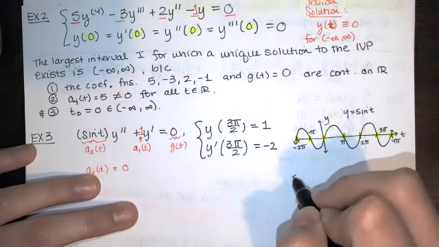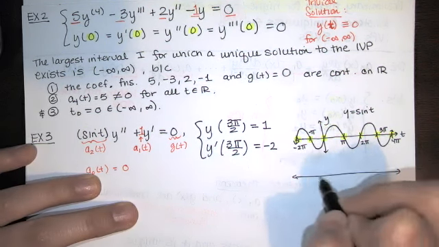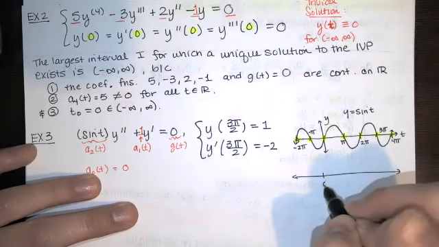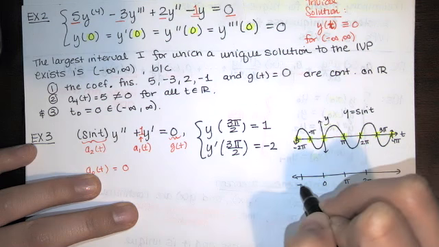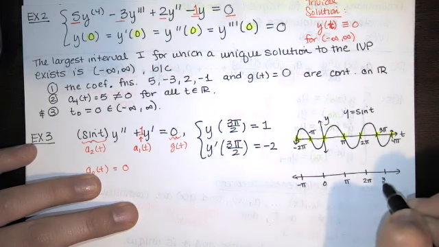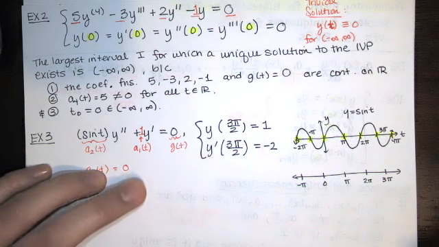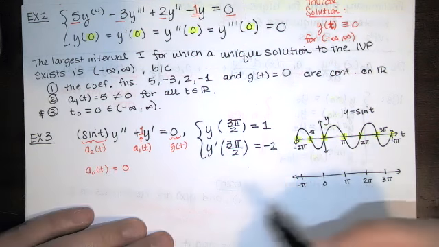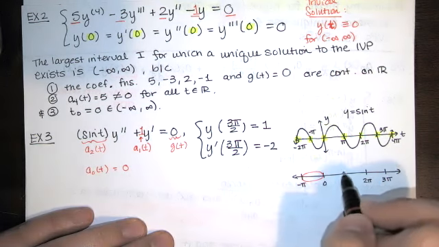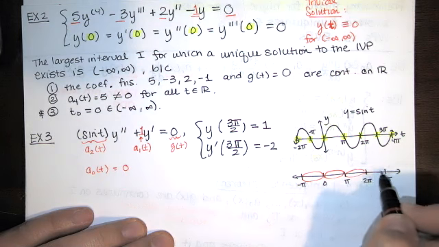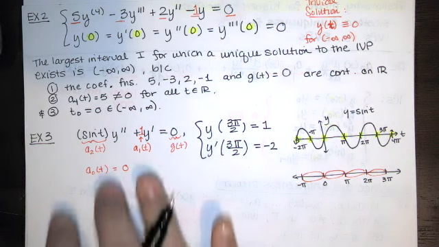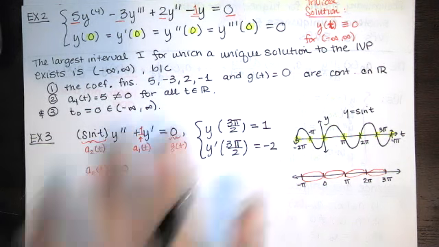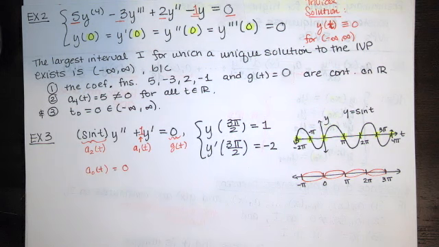So when I'm looking at the entire real line and thinking about all the possibilities for my interval of existence, I might look at it like this. And you have to remember that the pattern continues. But our interval of existence could be this one, or this interval, or this interval, or this interval, or the one after that, and so on. You're going to see this pattern continuing, because a sub 2 of t, sine of t, is going to equal 0.